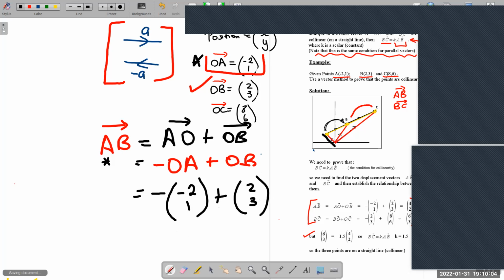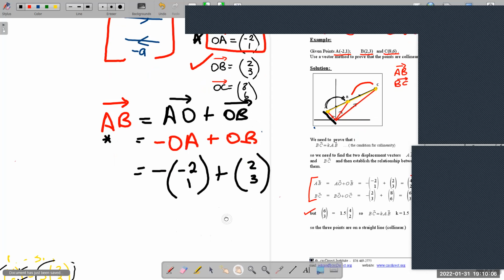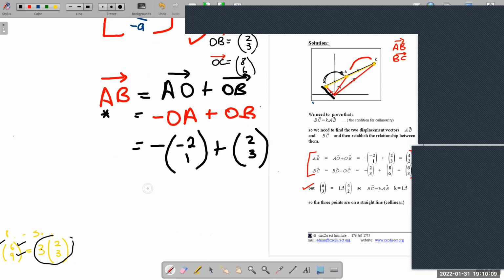Everybody with me so far? So let's go. Based on what we've learned, what have we learned about negative numbers? If I multiply negative by -2, what am I going to get? Everybody, let's go, because this is quick revision for integers as well. A negative and a negative always gives you a positive.